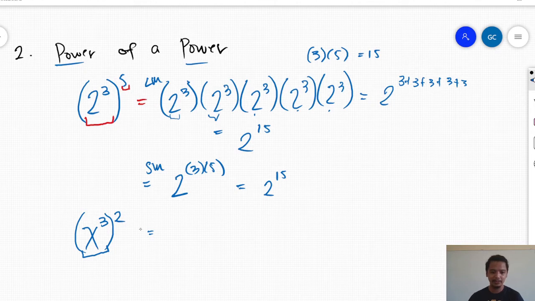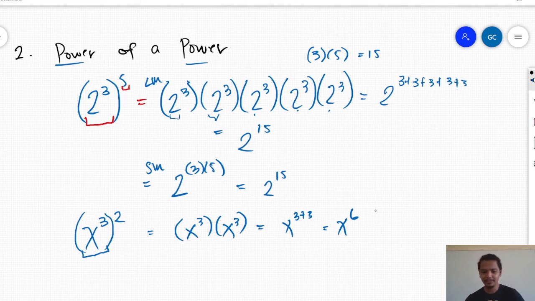Tapos na-raise siya sa 2, ibig sabihin lang niyan, kailangan nating i-multiply yung x raised to 3 sa sarili niya ng 2 beses. At nakita natin na multiplication ito, so using yung first rule natin, i-add lang natin yung exponents nila kasi parehas sila ng base. So, mangyayari lang dyan, we have x raised to 3 plus 3, which is actually equal to x raised to 6.